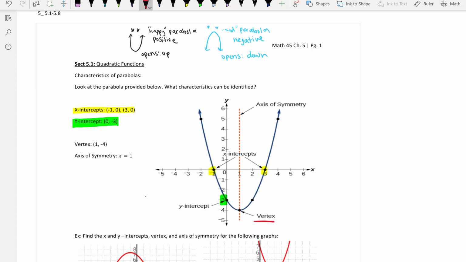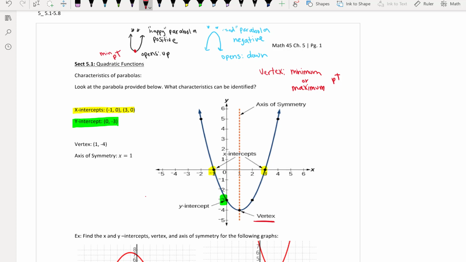And we also have something called the vertex. The vertex in any parabola is always going to be either the minimum or the maximum point of the parabola. So if I have a happy positive parabola, then I have a minimum point.